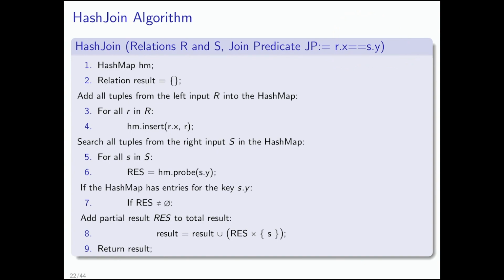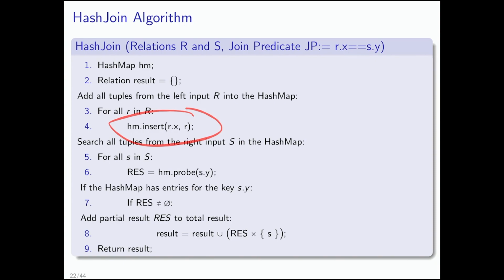In different phases. You first create a set for the result that you want to produce. And now what you do is you first create a hash map over the left input, which is relation R in this example. So you loop over all tuples from small r in capital R and insert that tuple into the hash map.